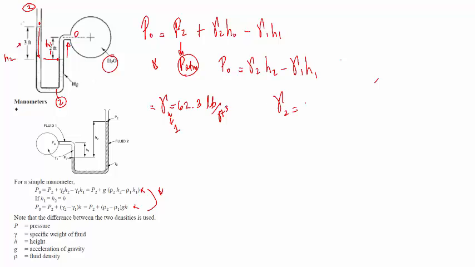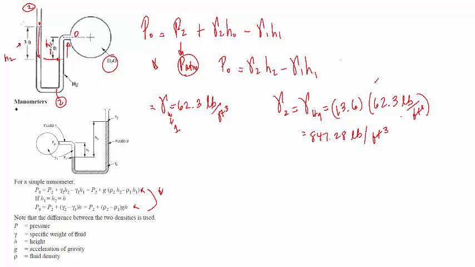Now, gamma 2, which is the specific weight of mercury, is 13.6 times the specific weight of water. In this case, we have specific weight. So this is 847.28 pounds per cubic feet that we have for mercury.